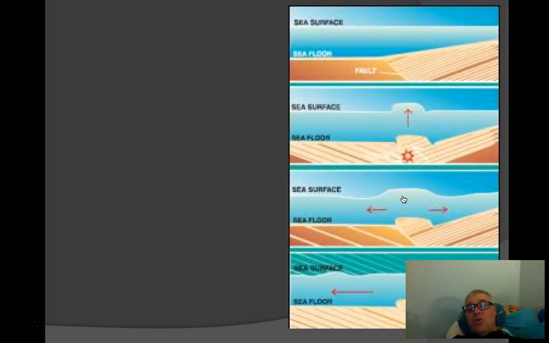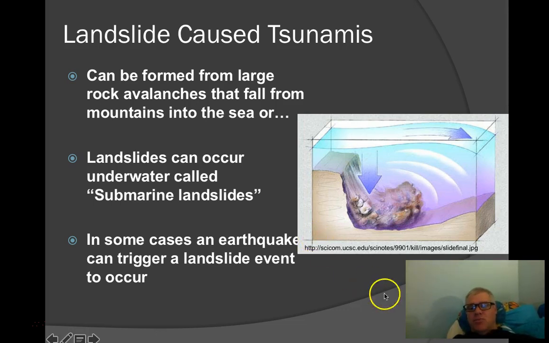But those are not the only way that tsunamis can be created. The most common way is from earthquakes, but you can also cause them from underwater landslides, or landslides above water where the material falls into the water, creates a big splash, and that wave then moves across the water surface.